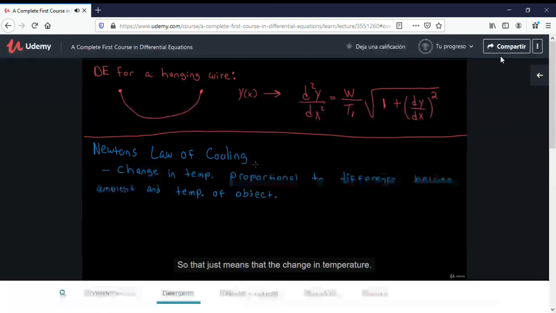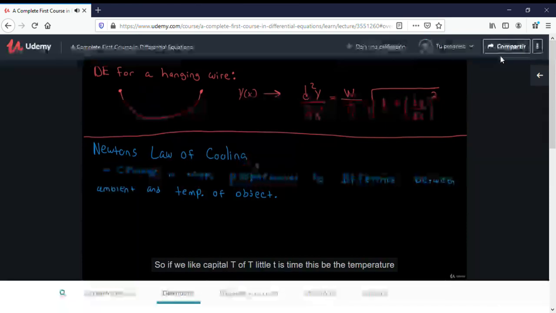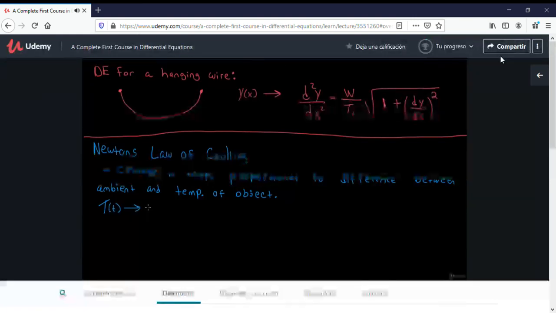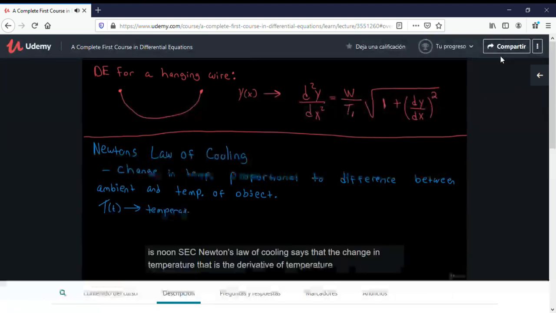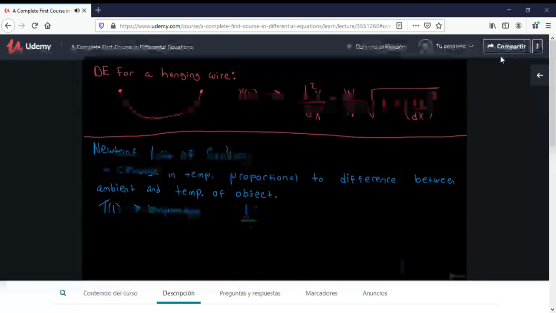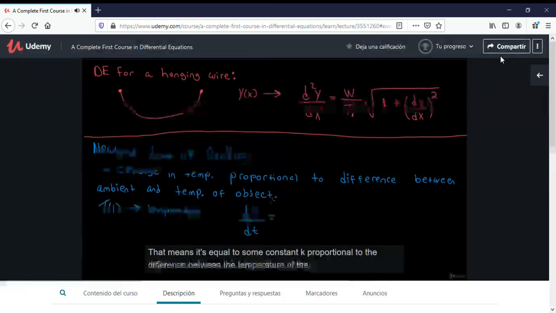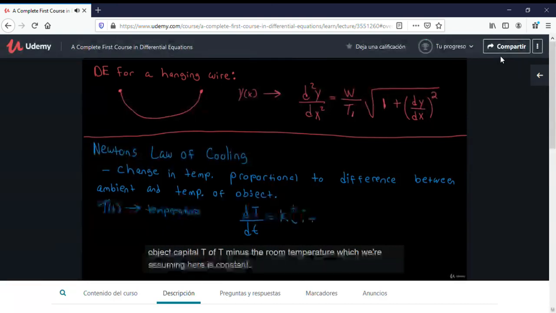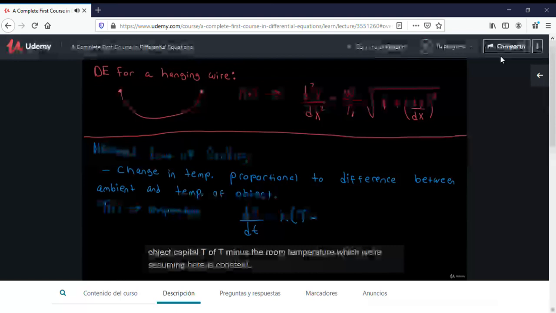Okay, so that just means that the change in temperature, so if we let capital T of t, little t is time, be the temperature, Newton's law of cooling says that the change in temperature, that is the derivative of temperature with respect to time, is proportional to, that means it's equal to some constant, the difference between the temperature of the object, capital T of t, minus the room temperature, which we're assuming here is constant.